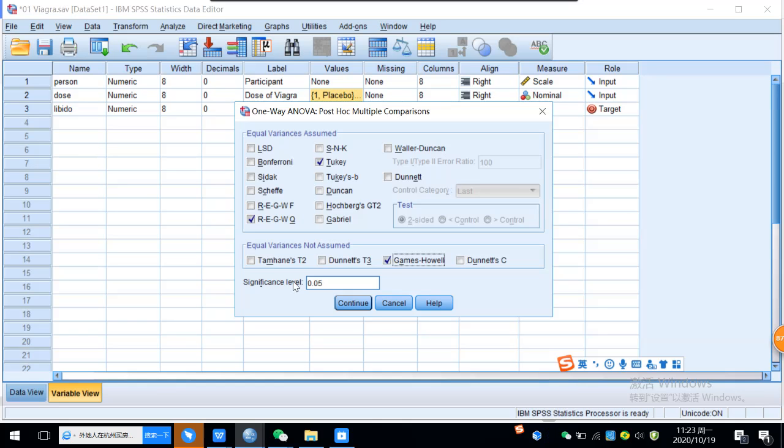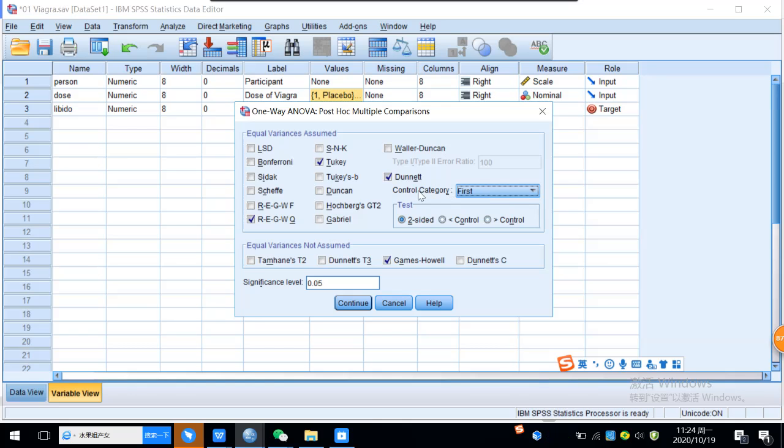And then we will compare with this. Okay. And also we choose the Dunnett. The control category is the first. Why? Because the first is placebo. It means no Viagra. So we want to know if we use Viagra or we don't use Viagra, if they have a difference.